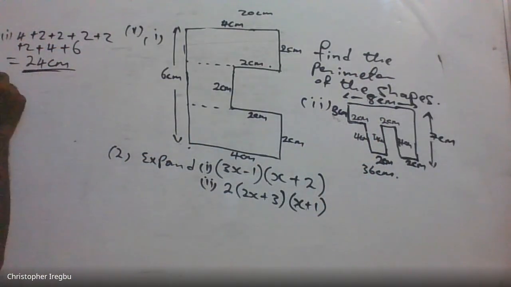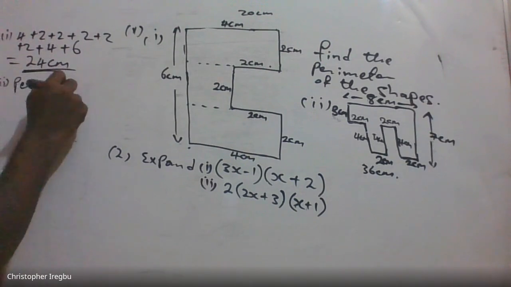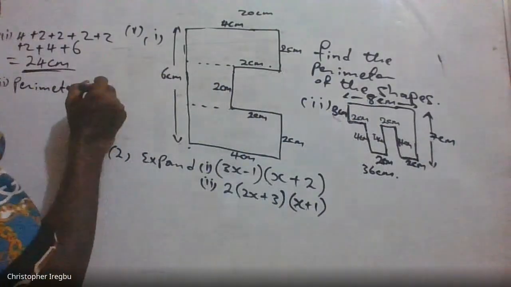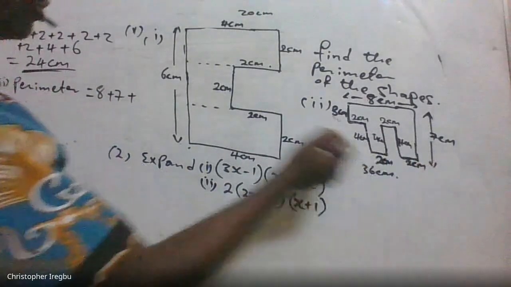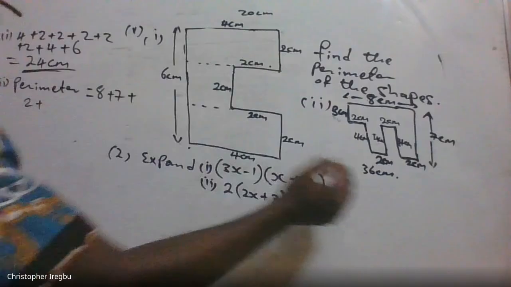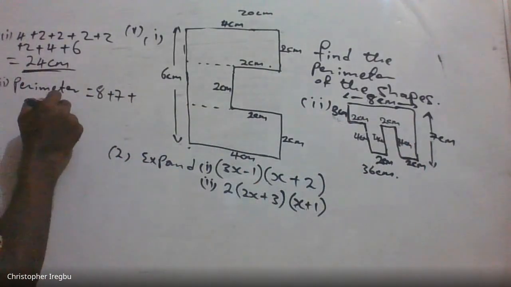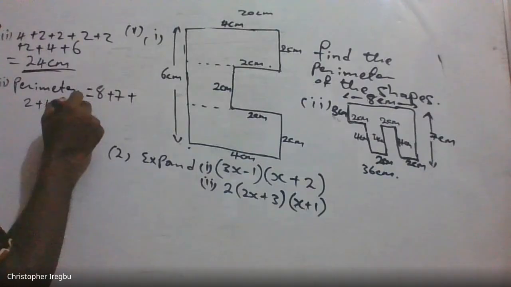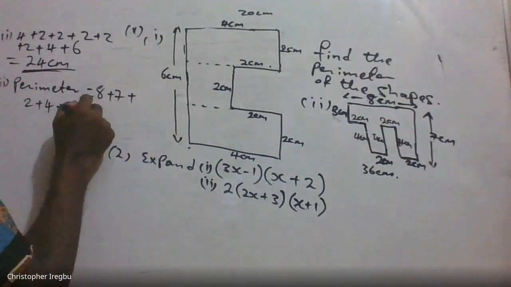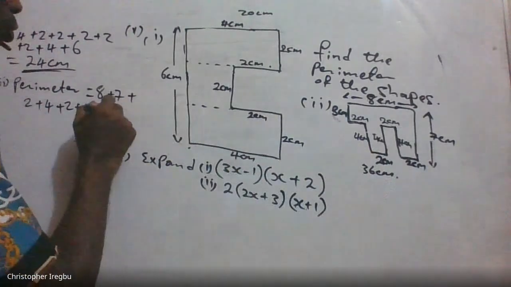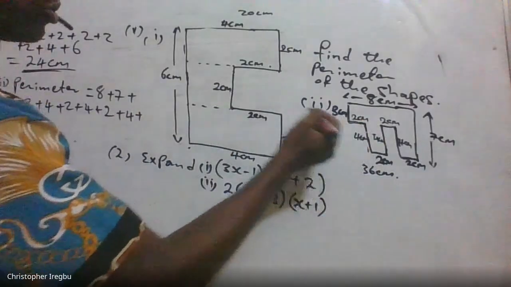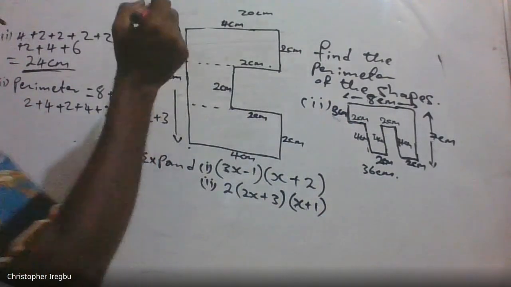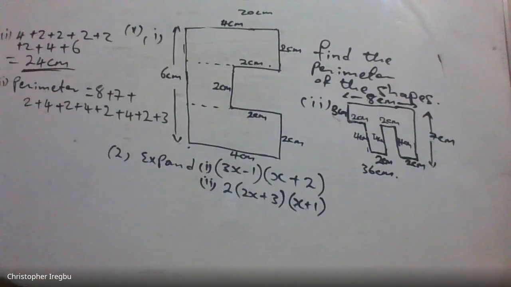So for number one II, the perimeter should be equal to 8 plus 7 plus 2 plus 2 plus 4 plus 2 plus 4, again plus 4, then plus 2, then plus 4, then plus 2 again, then plus 3. That should be the perimeter.